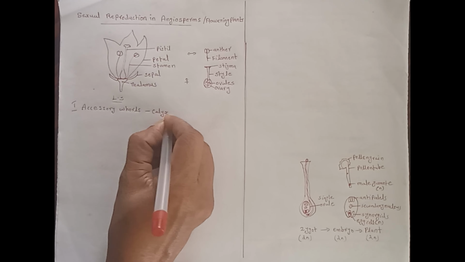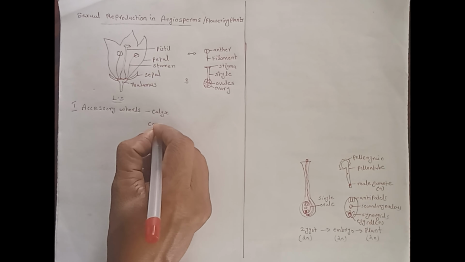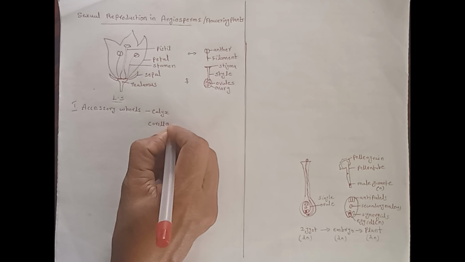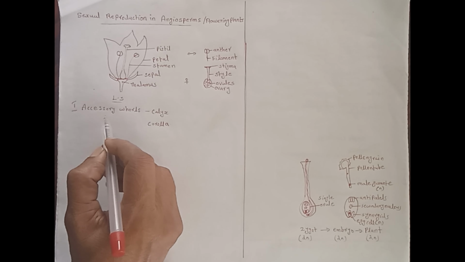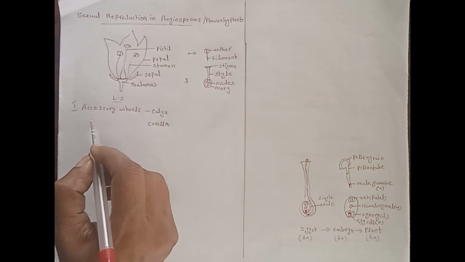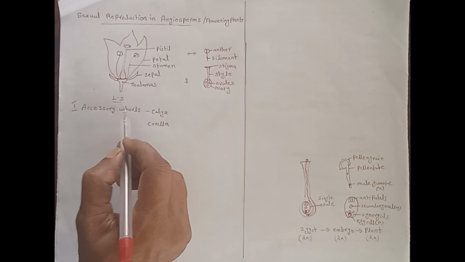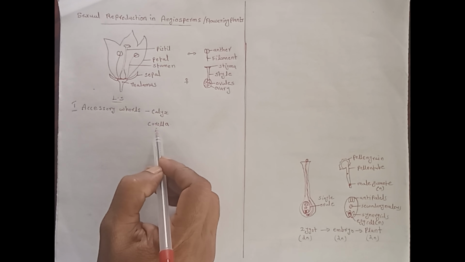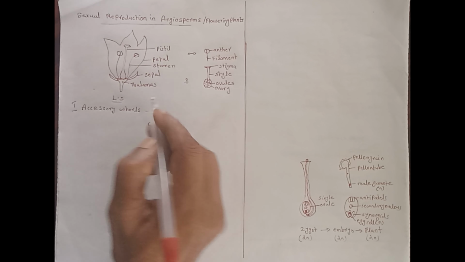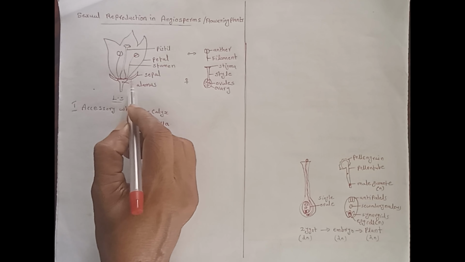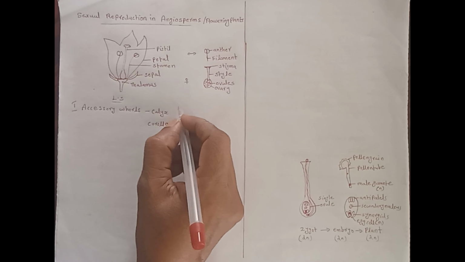The accessory part and the reproductive part. What is calyx? Calyx means collection of sepals.